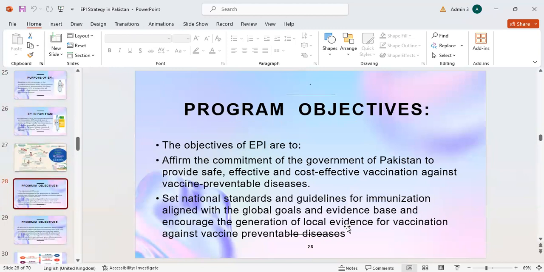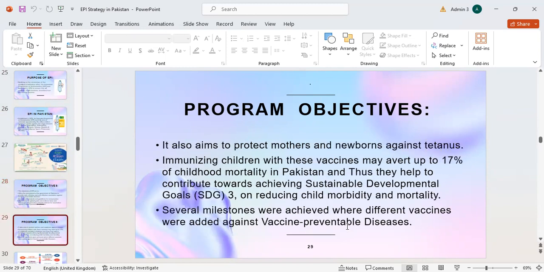Program objective. The objectives of EPI are to affirm the commitment of the government of Pakistan to provide safe, effective, and cost-effective vaccination against vaccine-preventable diseases, set national standards and guidelines for immunization aligned with global goals and evidence-based, and encourage the generation of local evidence for vaccination against vaccine-preventable diseases.